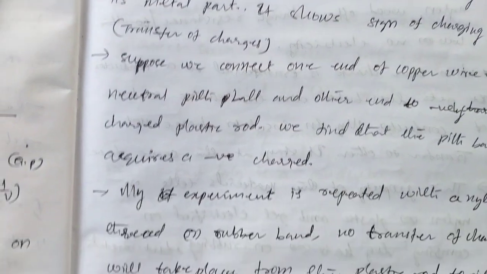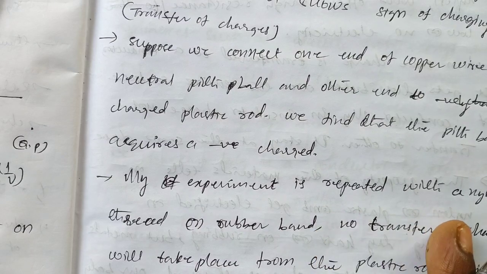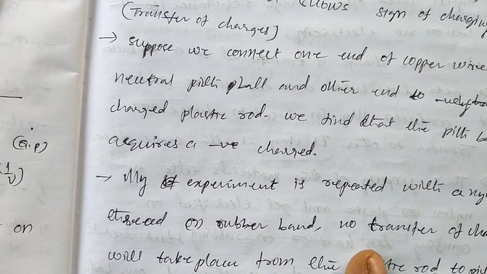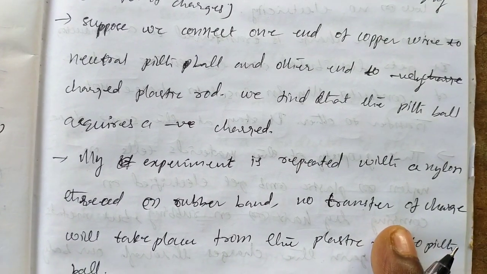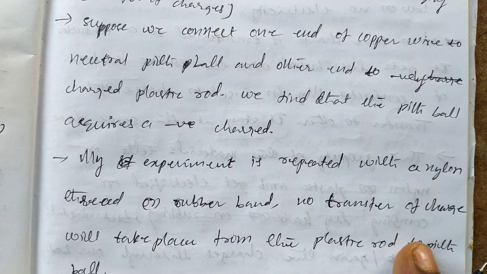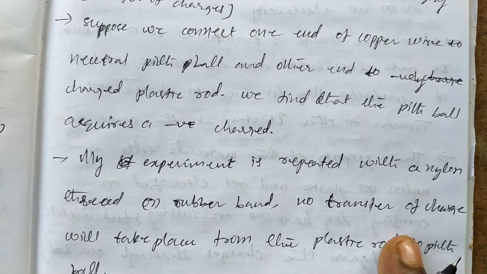Similarly, we can do some experiments using nylon, thread and rubber. There is no transfer of charge carriers. That means these are insulator materials, because they only get charged, positively or negatively, when rubbed with silk, wool or another material.